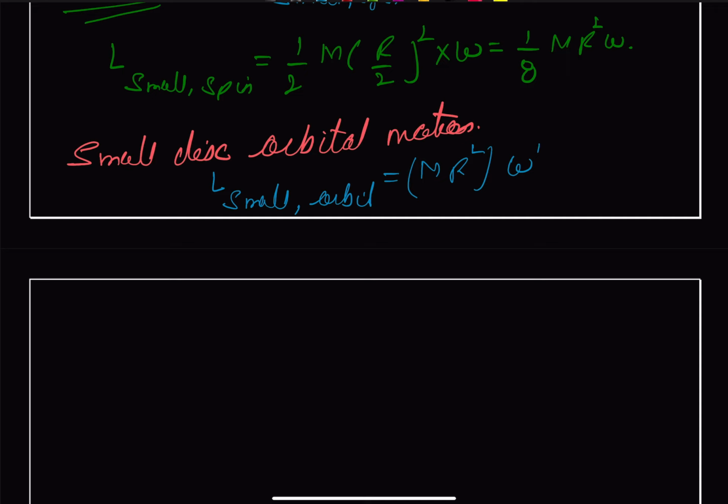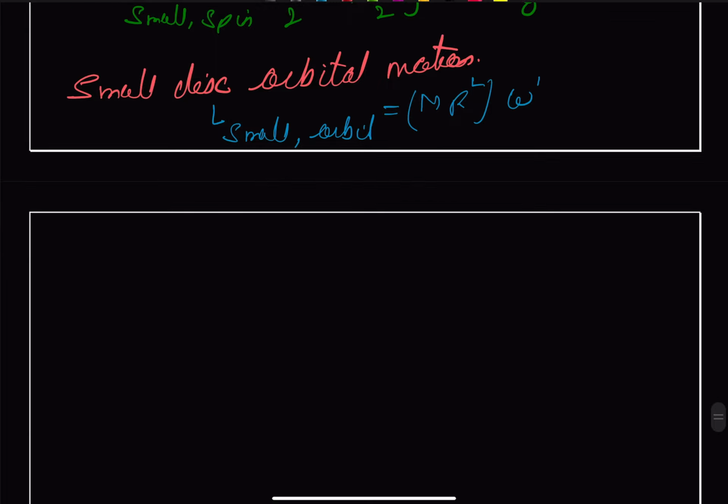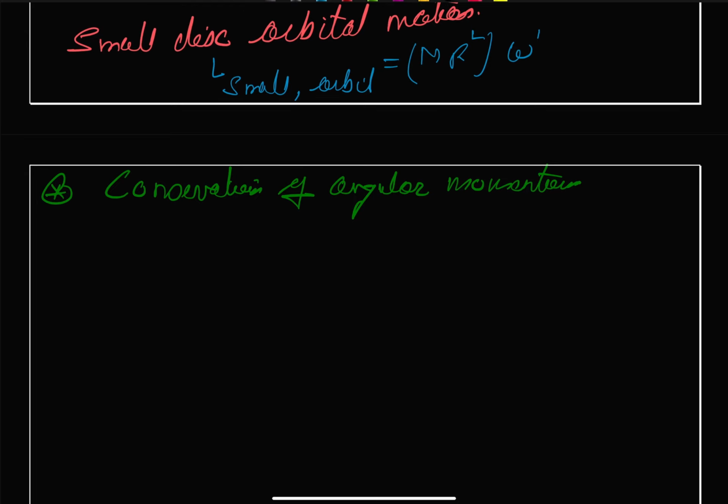Now we can use conservation of angular momentum. We have the momentum of the large disk plus the momentum of the small disk, which is in orbital motion, minus the momentum of the small disk, which is in spin, equal to 0.